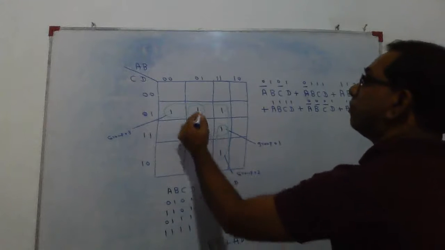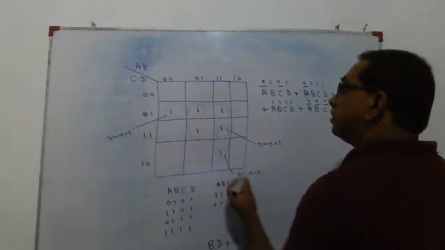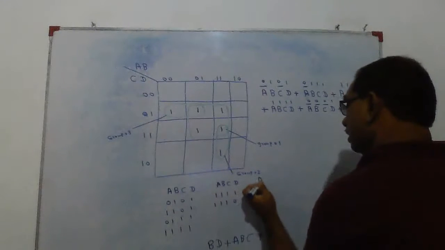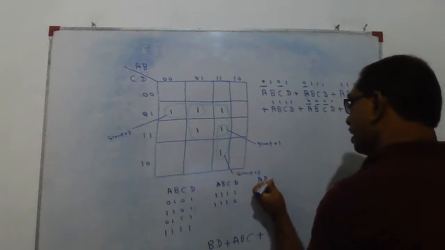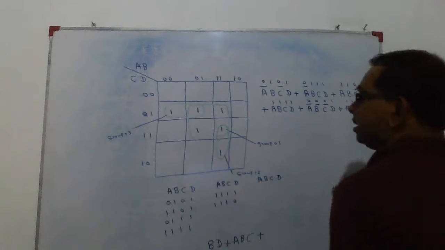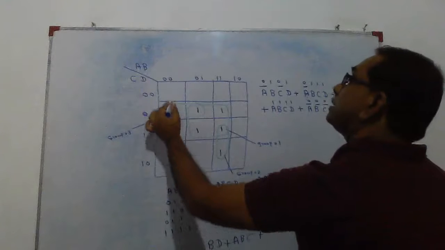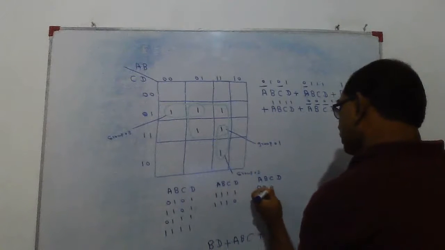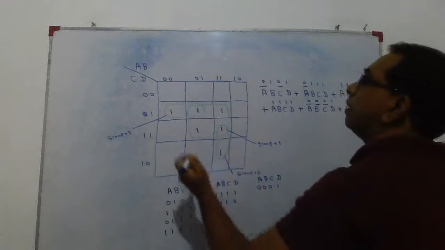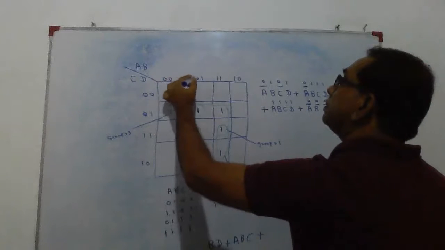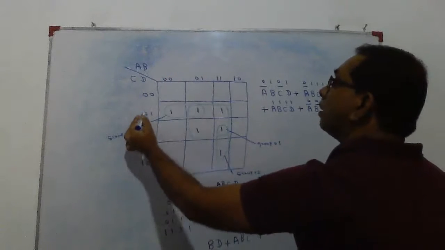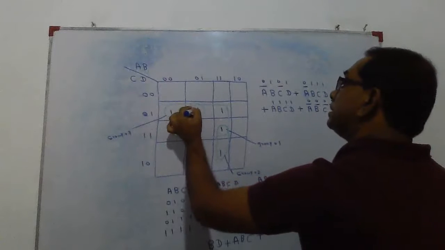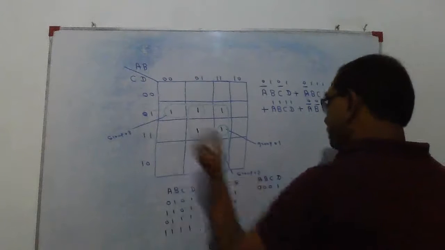Another group we have got, this is group 3. So we take A and B and C and D. For the first cell we have 0, 0, 0, 1. And then for the second cell here 0, 1, 0, 1.